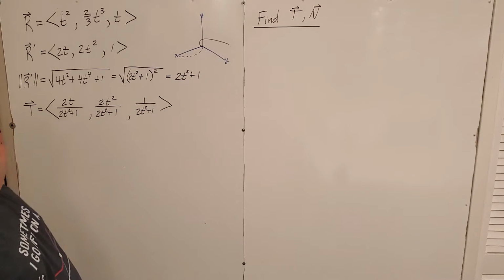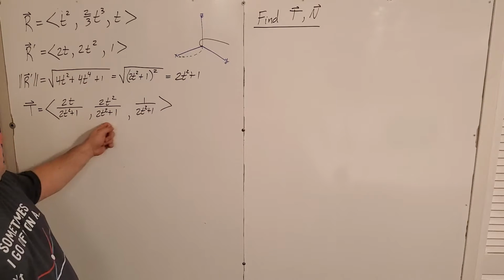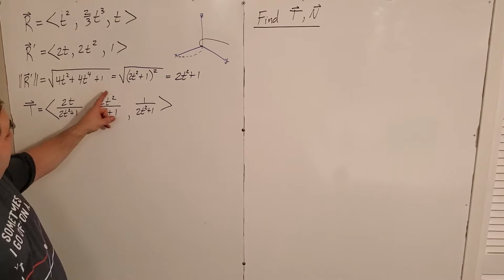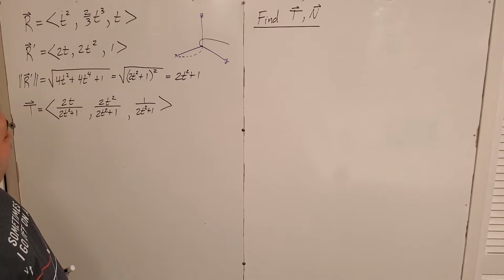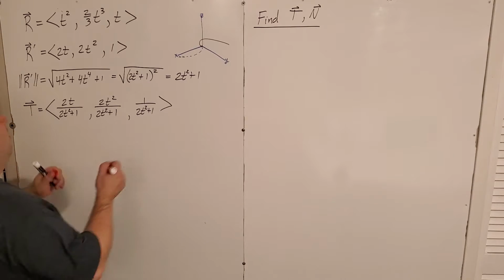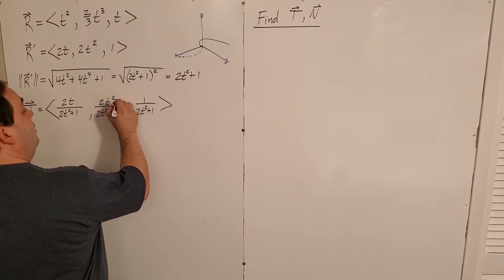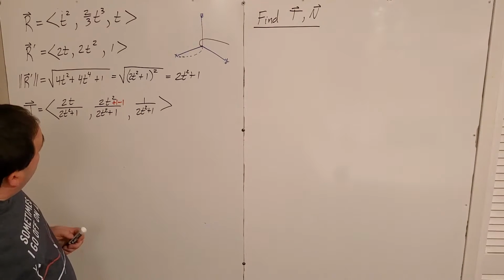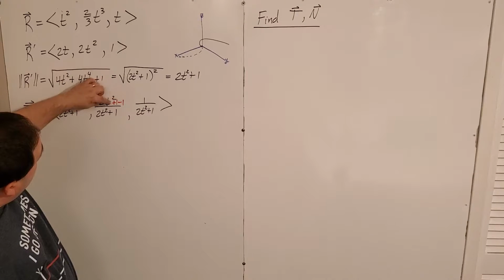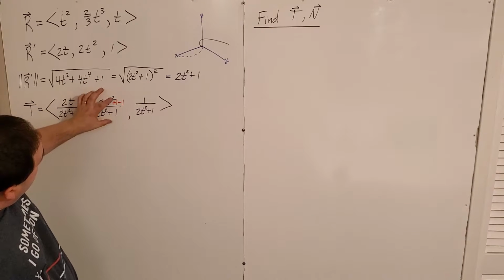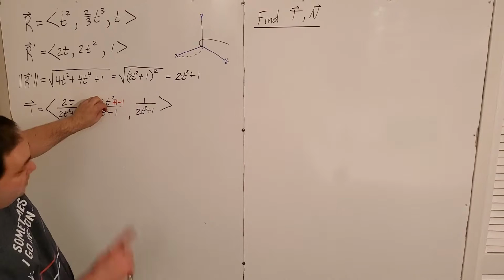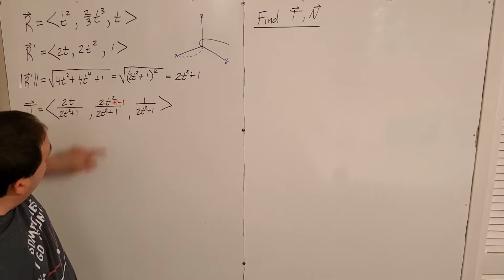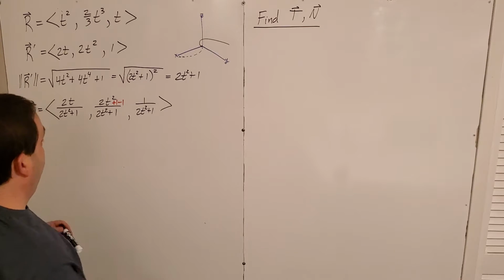But even still, having to divide by it, now I've got some quotient rules to deal with. To make this one a little easier, I'm going to rewrite it by putting a plus 1 and minus 1 in here. And the reason why that works out great is because you'll notice 2t squared plus 1 over 2t squared plus 1, I can put that as a 1, and then I still have minus 1 over the 2t squared plus 1, okay?